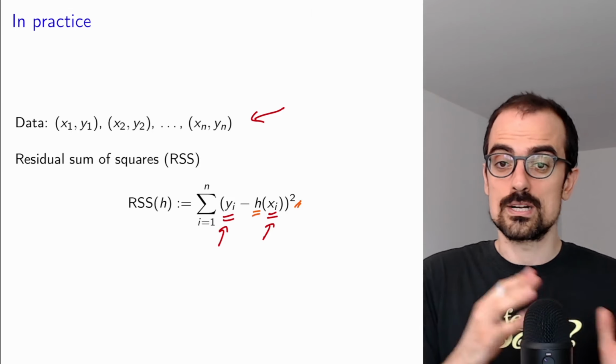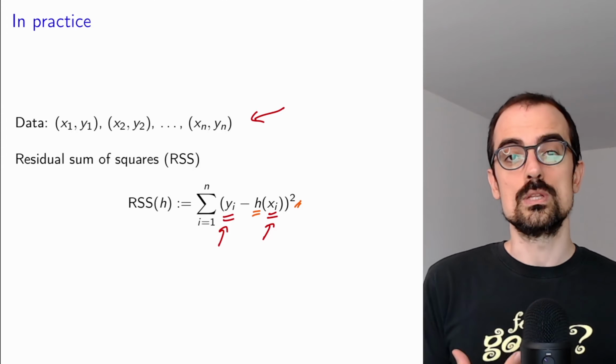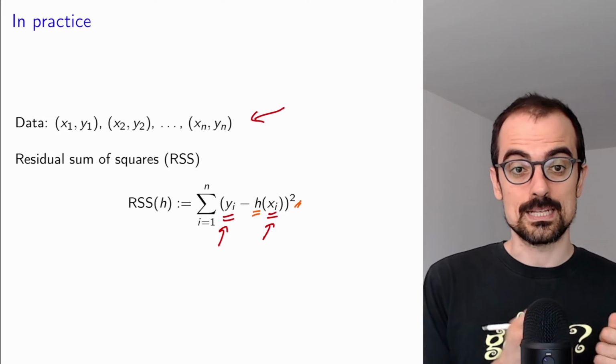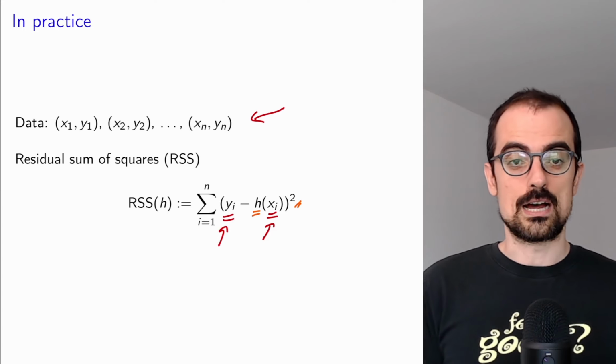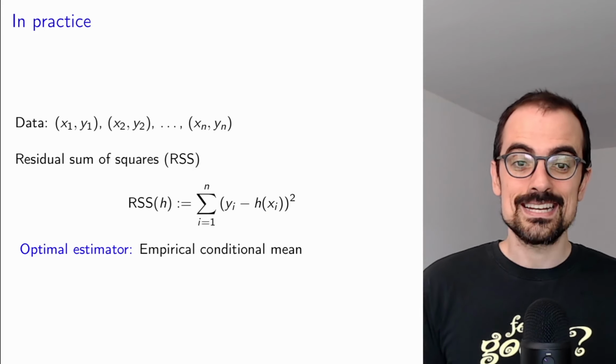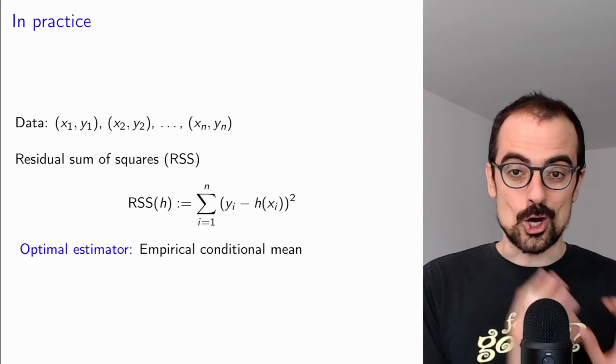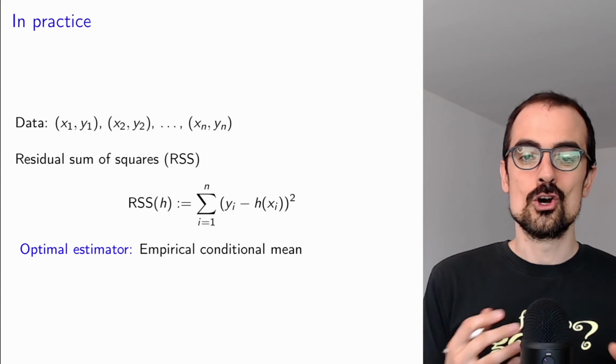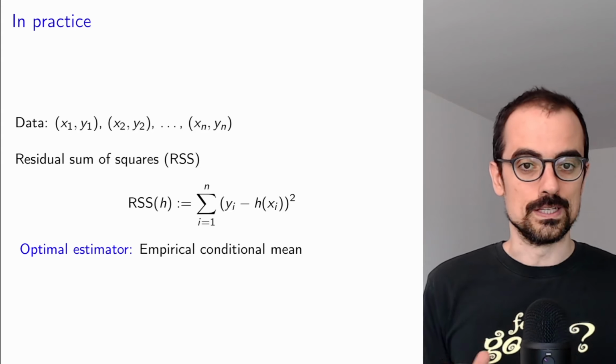Here we're not averaging, we're summing, but essentially this is equivalent to the mean squared error metric that we mentioned in the previous slide, except that this we can compute on a real data set. And it turns out again that there is an estimator that is optimal with respect to this metric, and that's the empirical conditional mean of the response given the features.